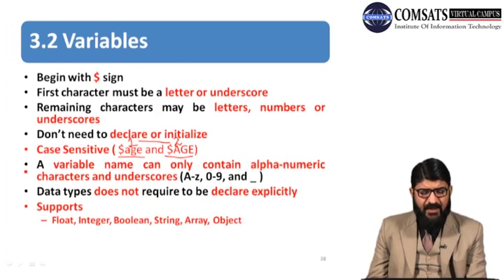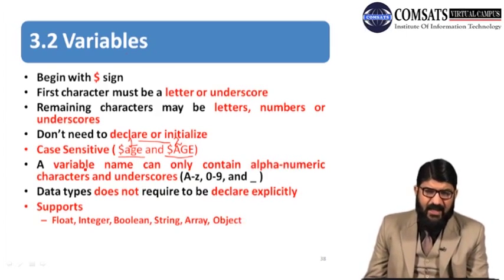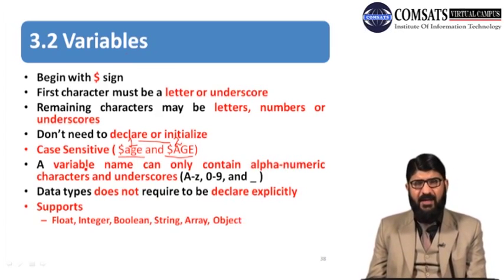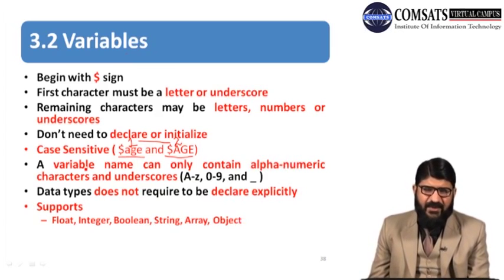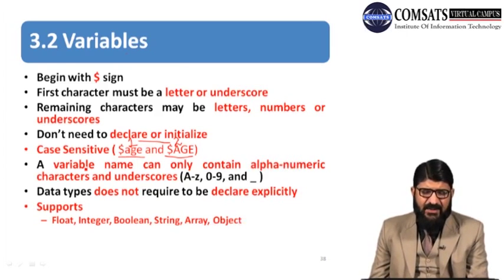And always remember that a variable name can only contain alphanumeric characters and underscore. So the variable can contain A to Z, the complete English alphabet, and then 0 to 9 digits, and an underscore only.